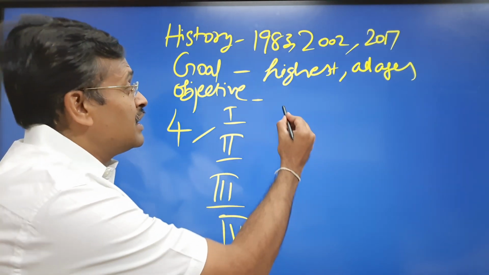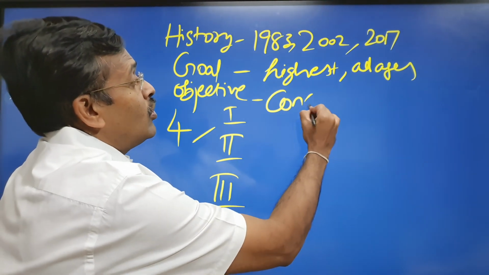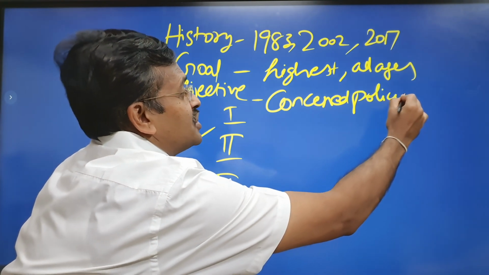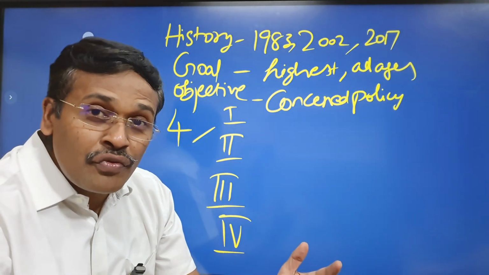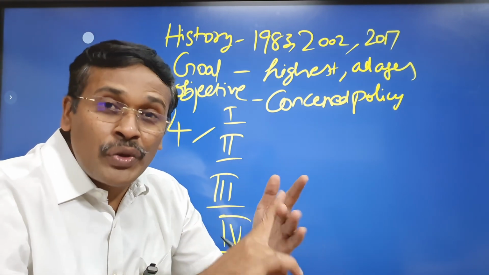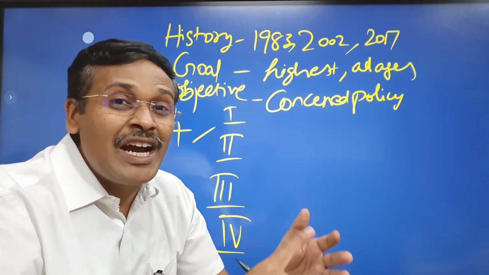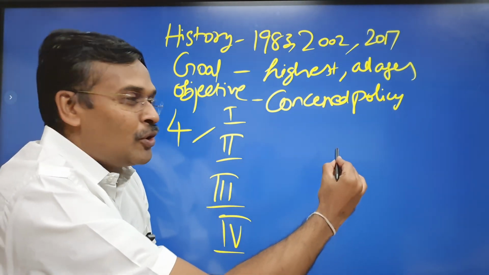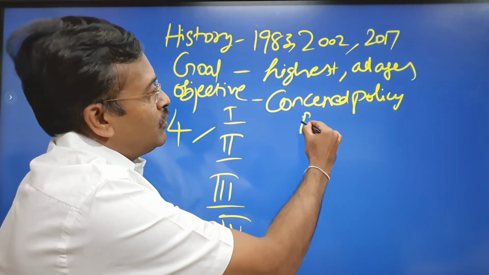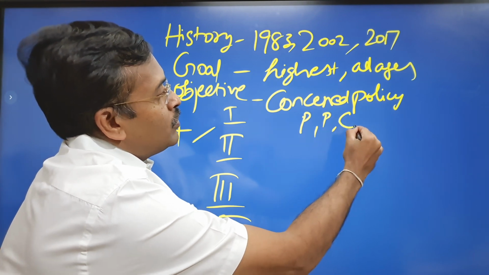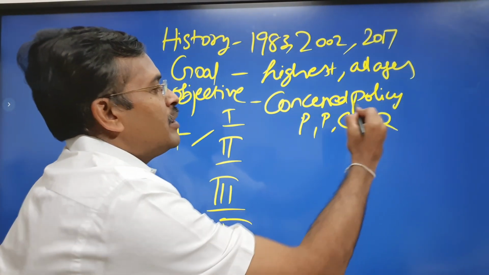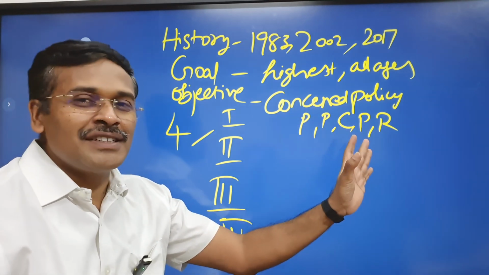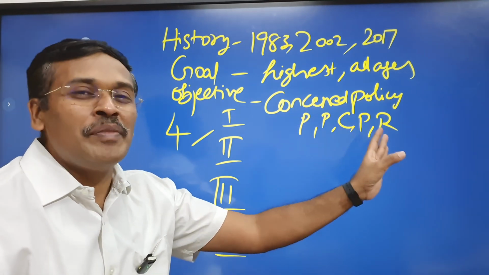To achieve that, we need concerted policy action through the use of preventive, promotive, curative, palliative and rehabilitative services in all sectors, PPCR. So the objective is concerted policy action through PPCR.